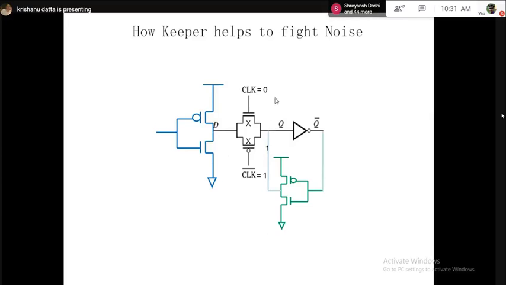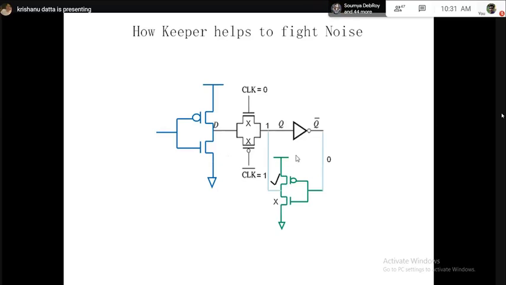Now see what happens. Let's assume that the value it is trying to hold is 1. So the value it is holding is 1, and that will make Q bar 0 because it's an inverter. So if Q bar is 0, now see what is happening. The NMOS for this inverter is off, and the PMOS for this inverter is on, right?